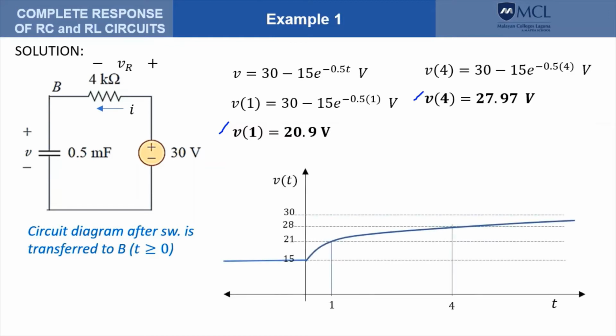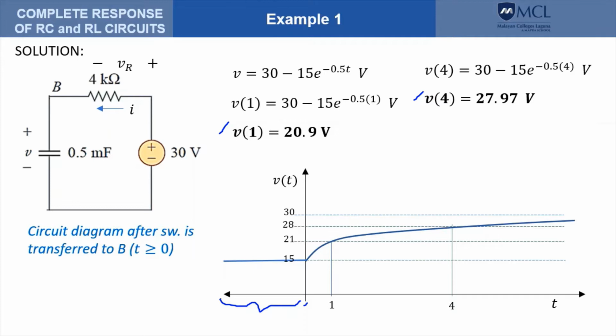We can also plot that voltage before and after the switch is transferred. So before the transfer, the voltage is a constant because the circuit is at steady state, and then the switch is transferred at time t equals 0.